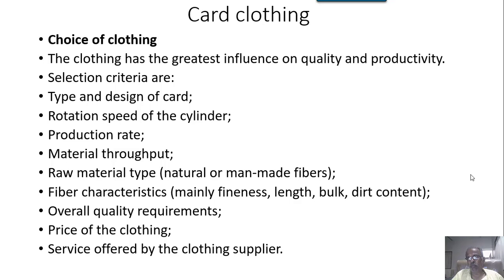Now clothing is required to be mounted on this cylinder, doffer and Lickerin. Card clothing mounting, grinding, finishing, burnishing, all these are again allied processes. In the conventional card, they were conducted in a different way. A different perspective was there.